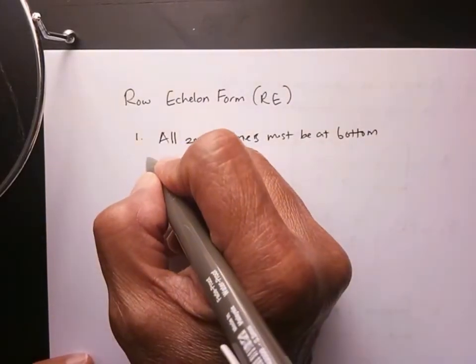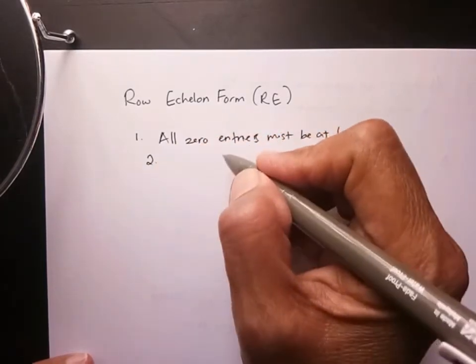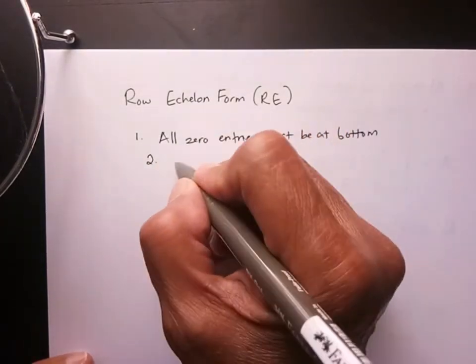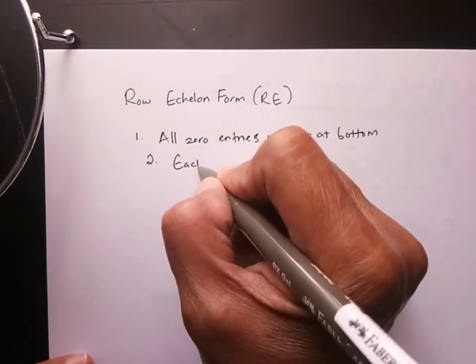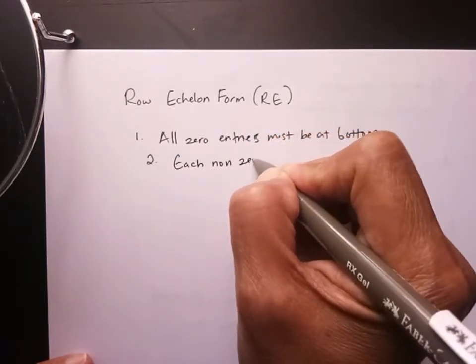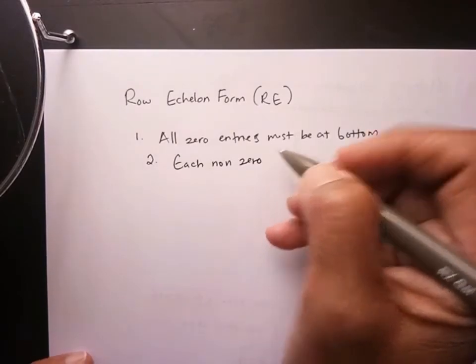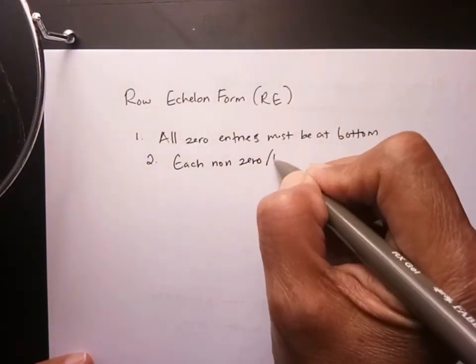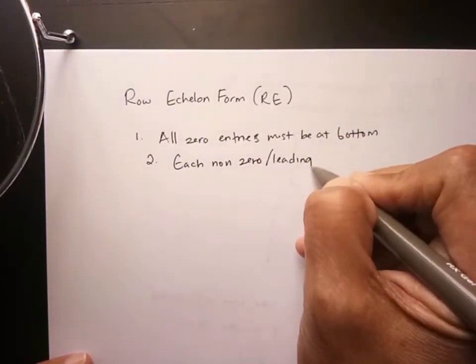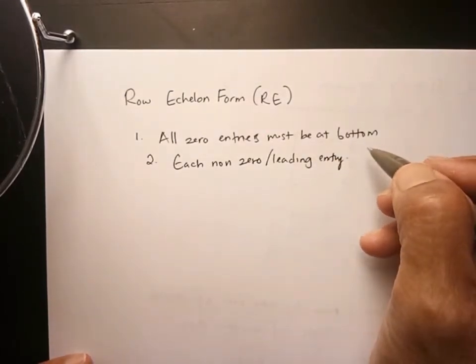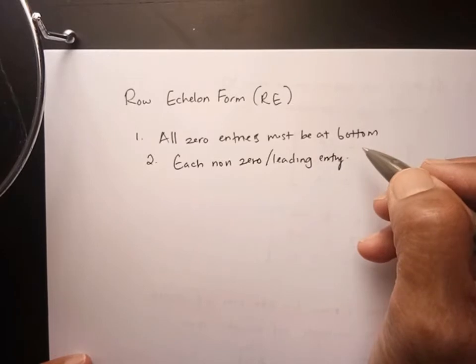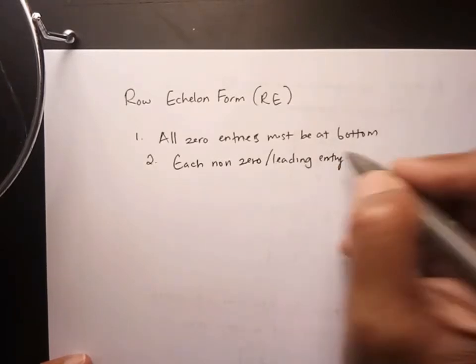The second property is for each non-zero row: the first non-zero entry is called the leading entry.